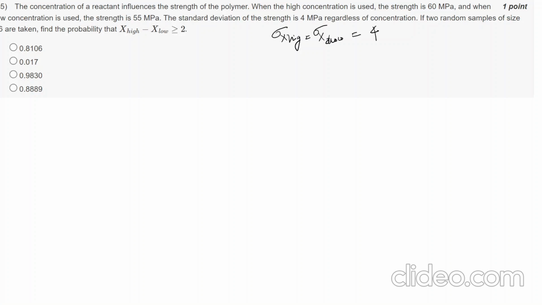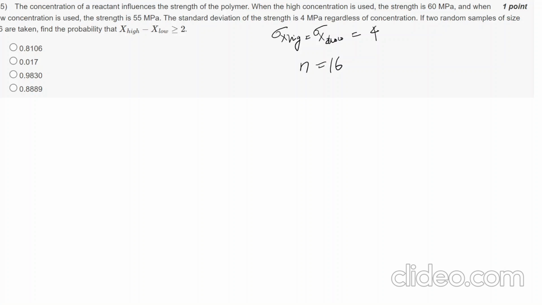I mean, the sample standard deviation is short term.